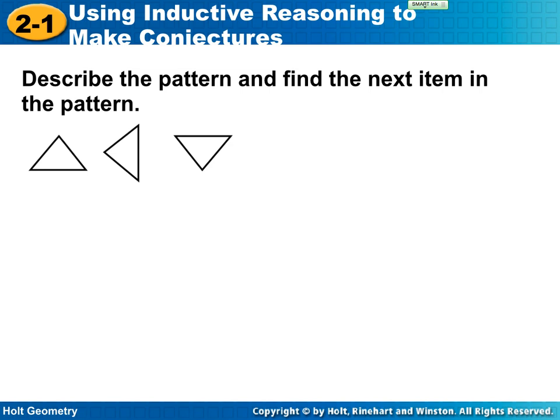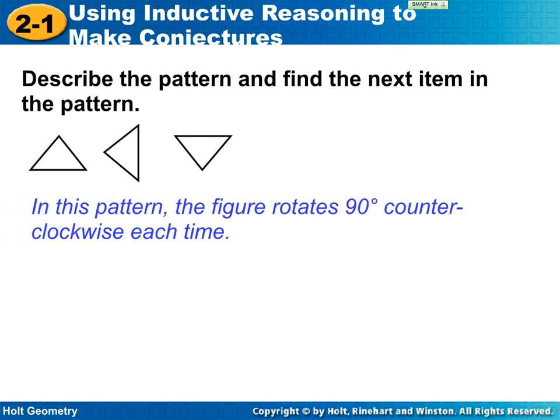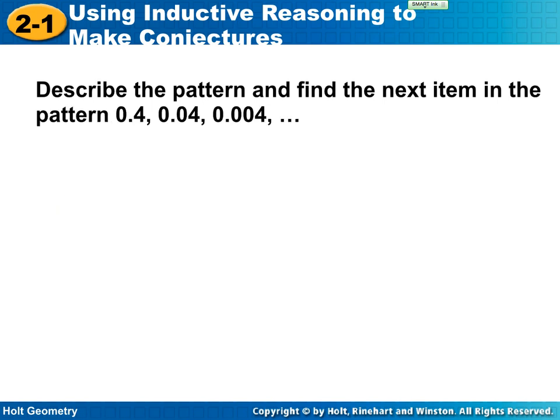Okay, which way does the triangle look the next time? Kind of pointing to the right. So they described it as rotating 90 degrees counterclockwise, opposite from what a clock does, so that makes the straight side go up, then turn it 90 degrees again. So describing the pattern, that's one kind of wording you can use as far as rotating it.